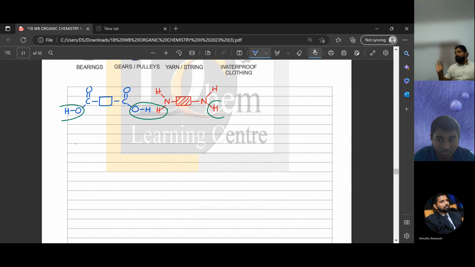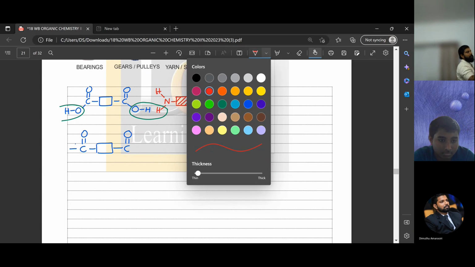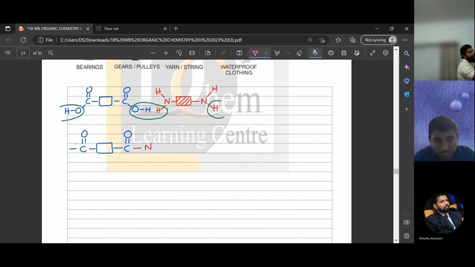No, this is not esterification. This is called amide formation, you can say amidification. There are a lot of things to discuss yet. Then you have nitrogen H.